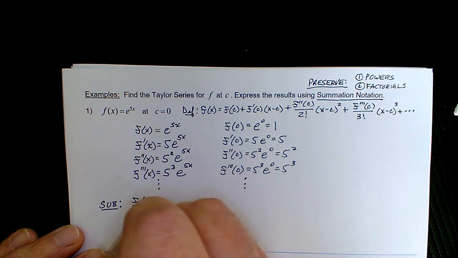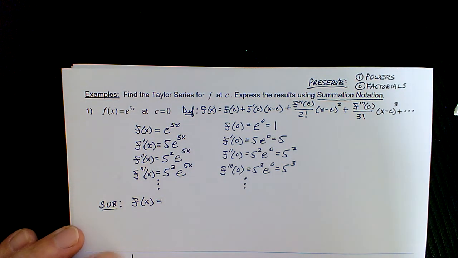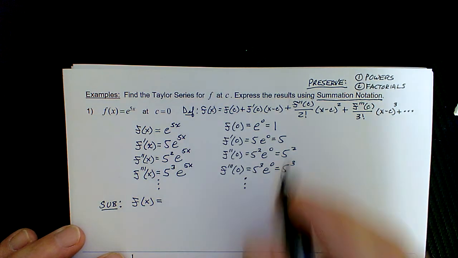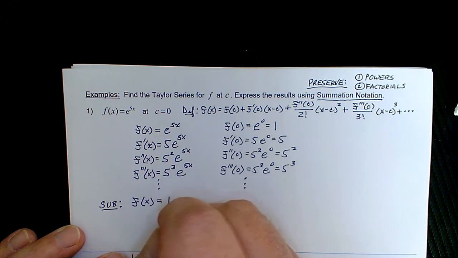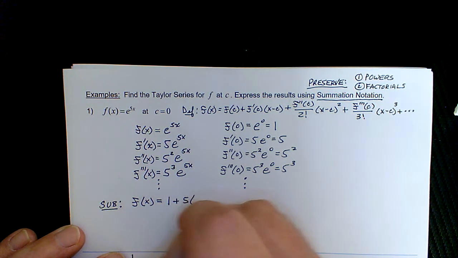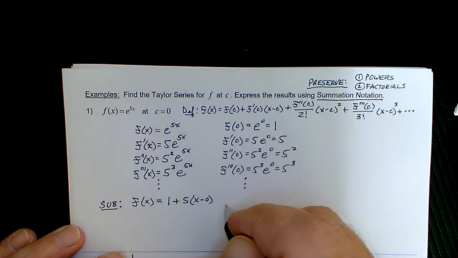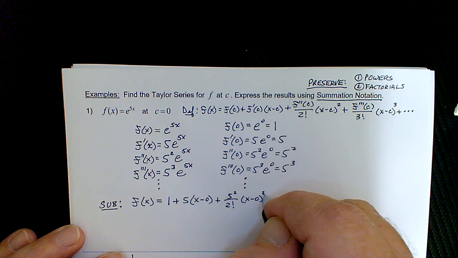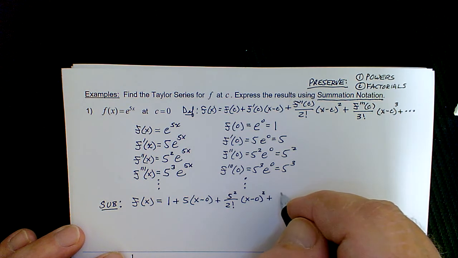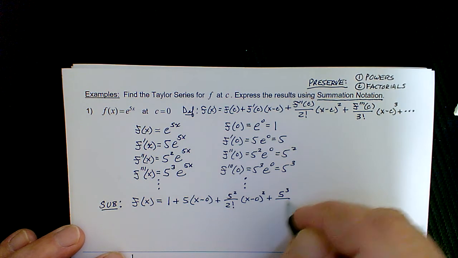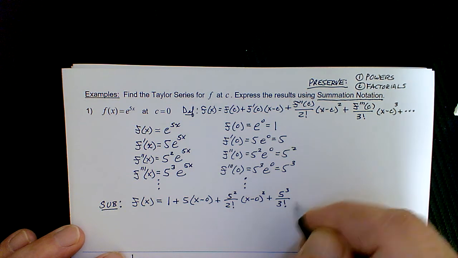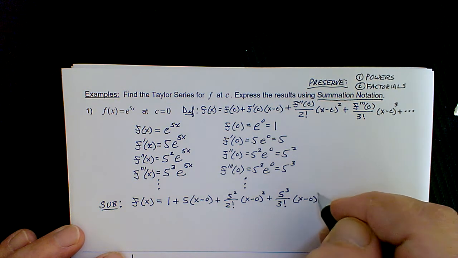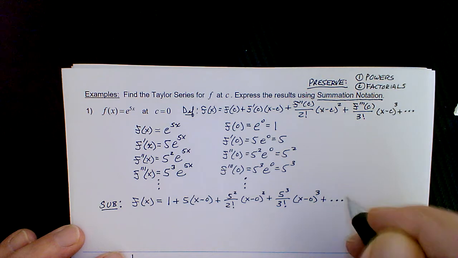And so the function f of x is going to be equal to f of c, so that's 1 plus f prime of c, 5 times the binomial x minus c, but c is 0, plus f double prime of c, 5 squared, over 2 factorial, times x minus c, but c again is 0, is a quantity squared, and then plus f triple prime of c, 5 cubed, over 3 factorial, then times x minus c, but again c is 0, is a quantity cubed, and so on.